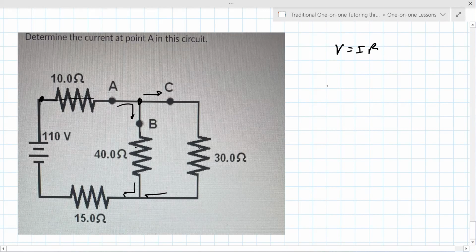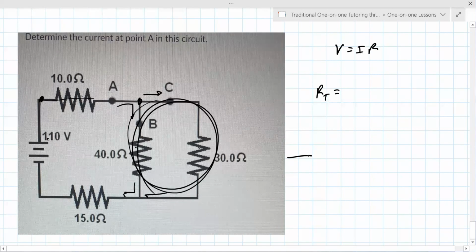So if we find the total resistance in the circuit, which we can do, we can then use Ohm's law to find the current because we've got the voltage source. So that's where you convert this first resistor, and then you have these two. These are in parallel. So we want to find the total resistance in these two on the right. So what that will do is we'll have a circuit that now looks like this.